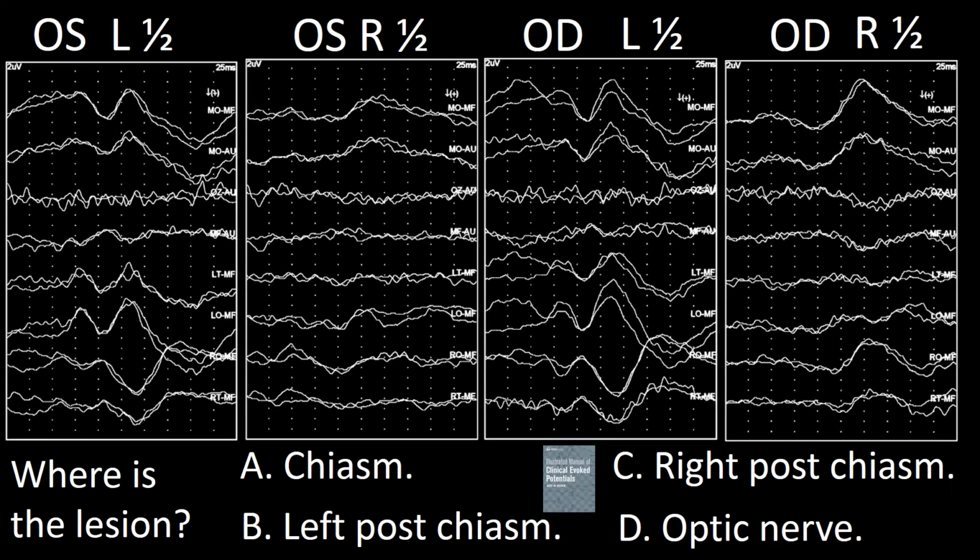Next question. Please take a look at this frame and try to determine where is the lesion. A. Chiasm. B. Left postchiasm. C. Right postchiasm. D. Optic nerve.